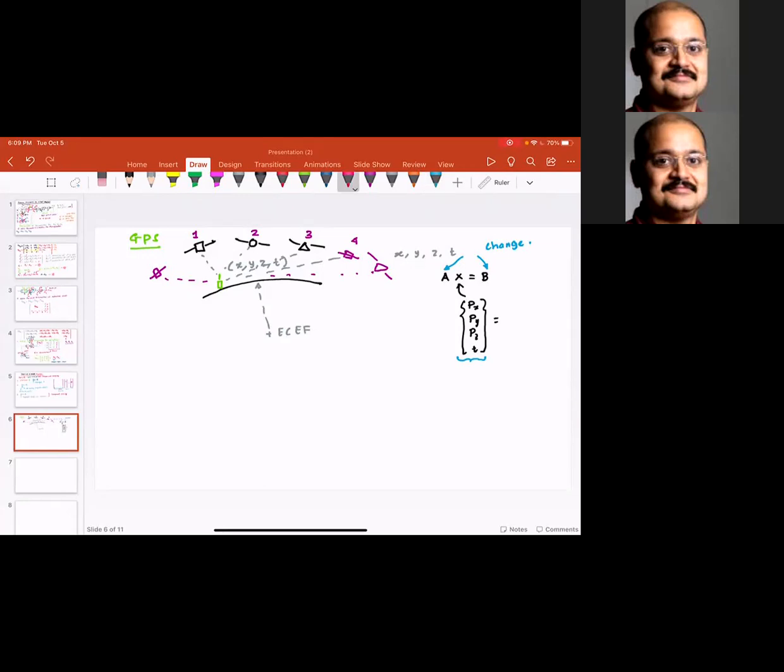Consider that I have a matrix A, and this matrix A is multiplied by a vector X, and B is the result.